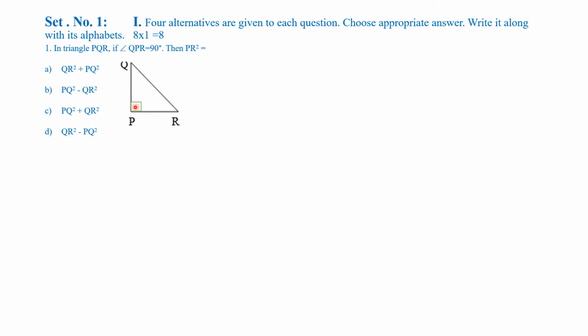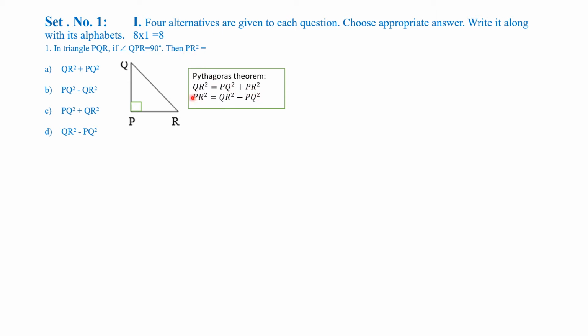Hence, opposite to this angle is the hypotenuse. This is QR square. So from the Pythagoras theorem, we know QR square, hypotenuse square, is equal to PQ square plus PR square. Rearranging this, in the question he has asked for PR square.